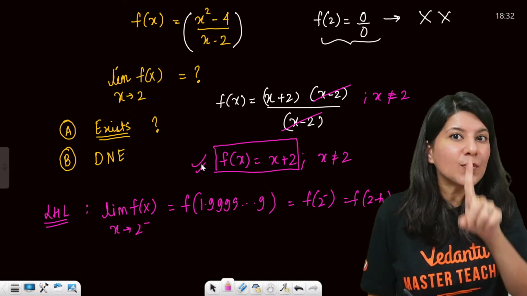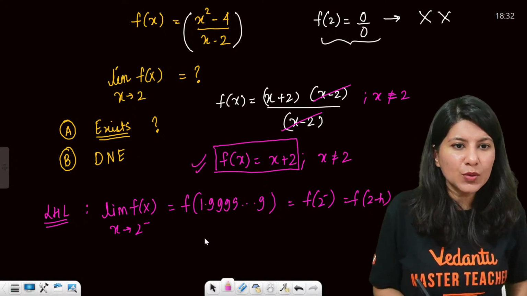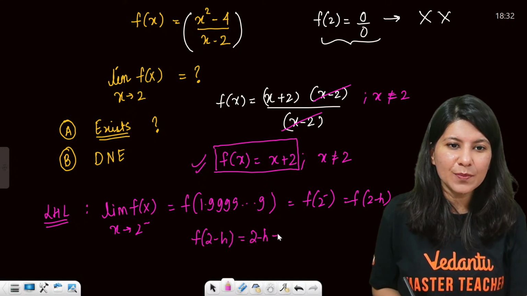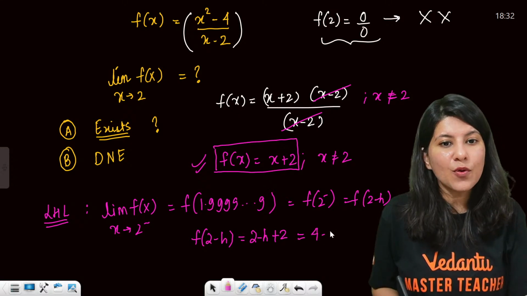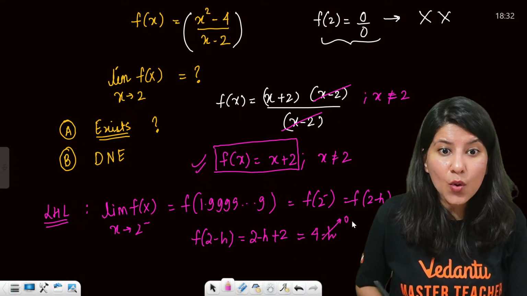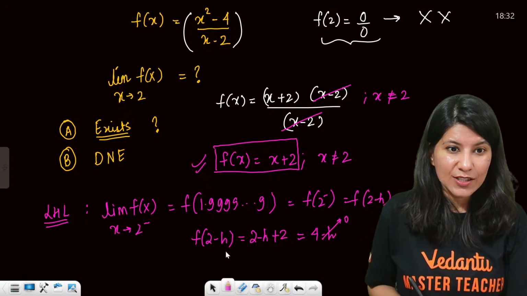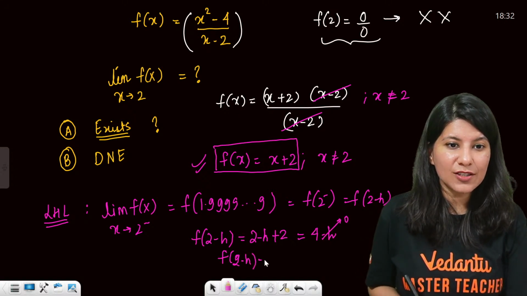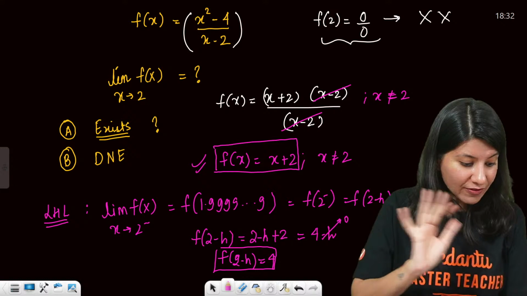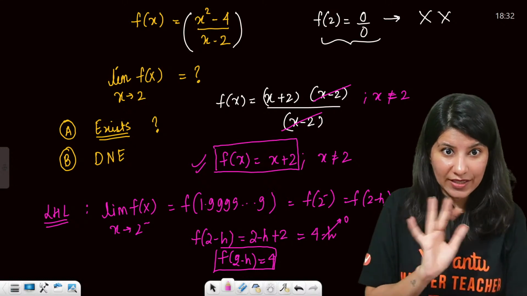The only thing you can't put is 2. So f of 2 minus h will be 2 minus h plus 2, that is 4 minus h, where h will become 0. So f of 2 minus h equals 4 over here. That means the left hand limit exists.